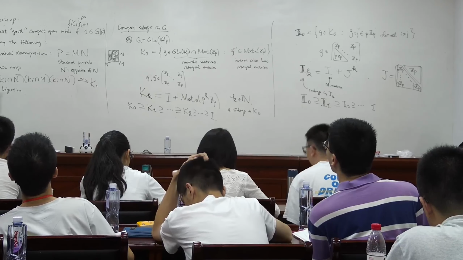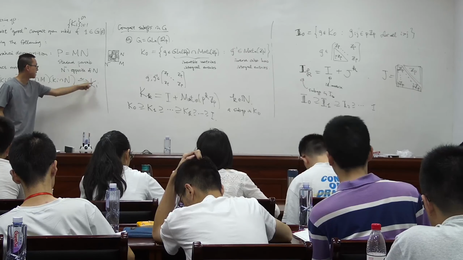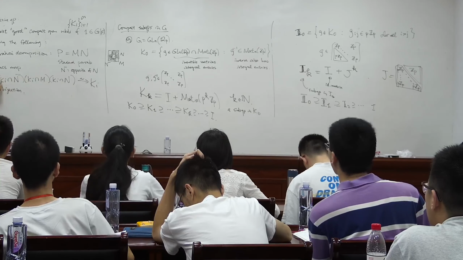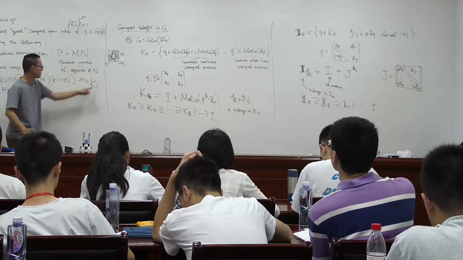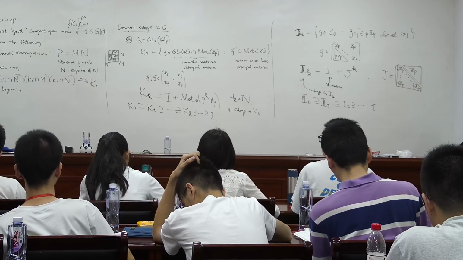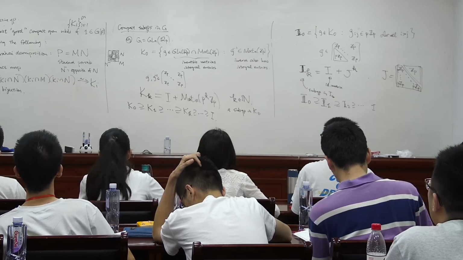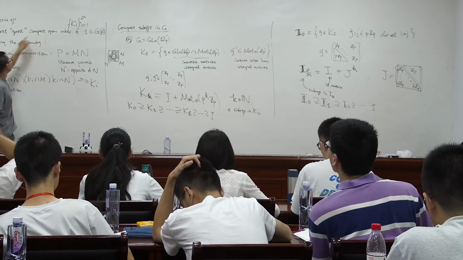At the group level, you can say this triple product goes to a dense subset of G. But at the compact subgroup level, because it's compact, this dense image is just the whole compact subgroup. But you have to choose Ki to be good enough.